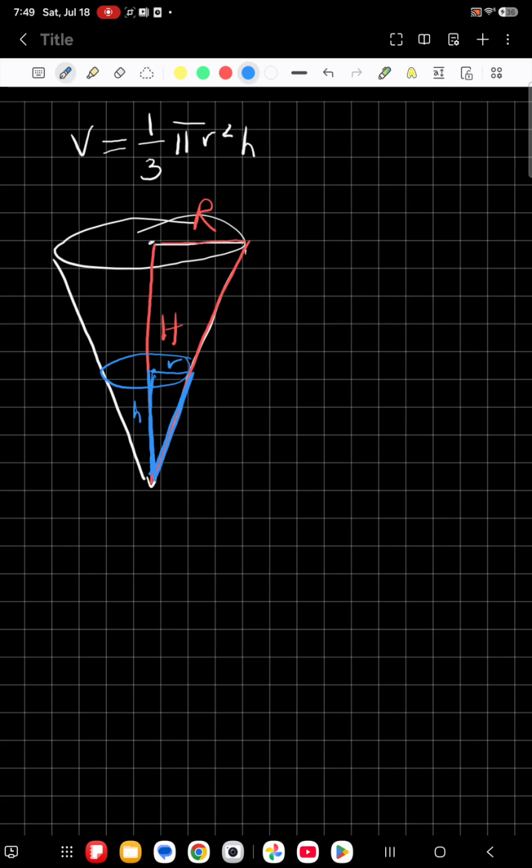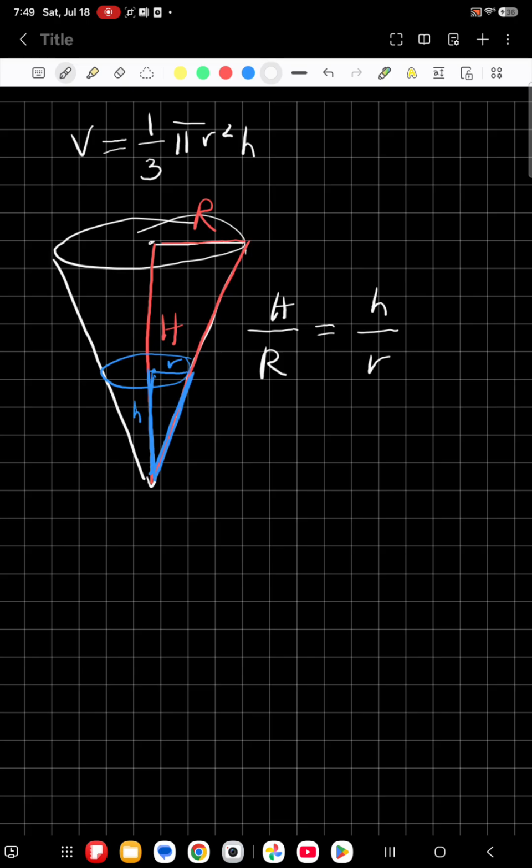Now the law of similar triangles just says that the ratio of capital H over capital R is the same as the ratio of lowercase h over lowercase r. And we could either solve it for lowercase h or lowercase r. We're trying to replace either this variable with h or this variable with r. In my notes, I'm replacing r with h.